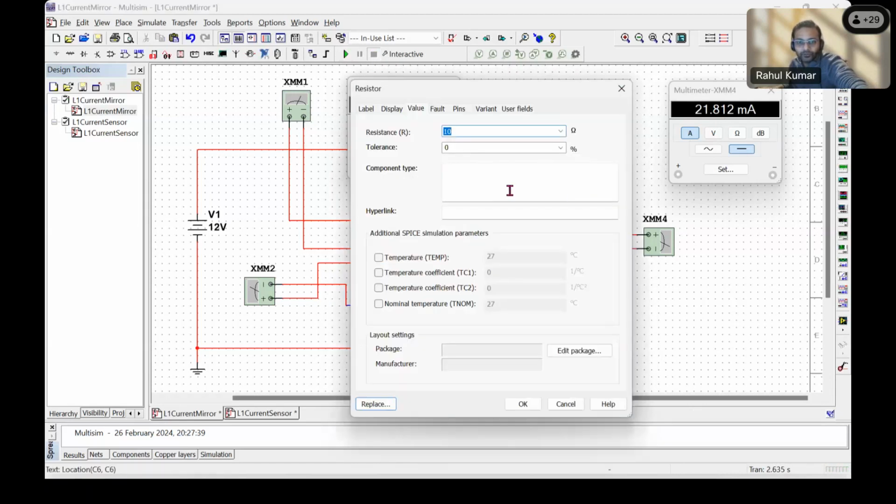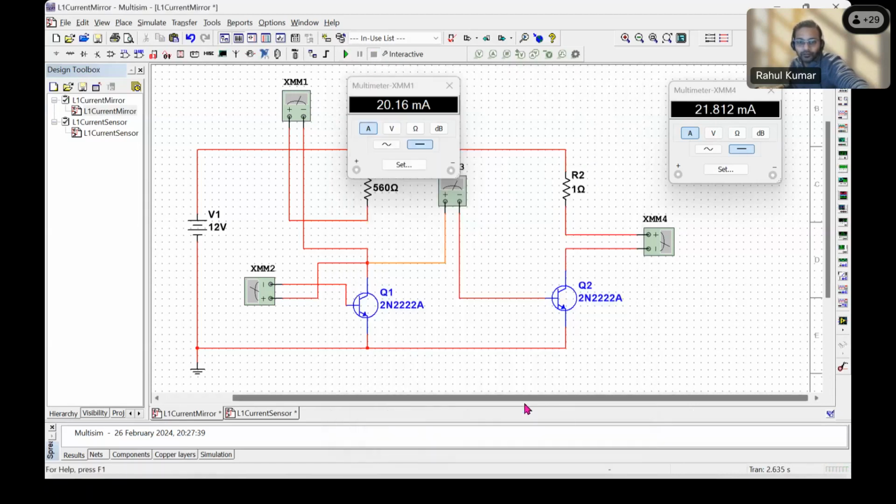And if we change it to maybe 1 ohm, yeah, so ideally we can say that between 1 ohm and 500 ohms is the limit, is the range of resistance, right? So between 1 ohm and 500 ohms, you would get similar values of current.